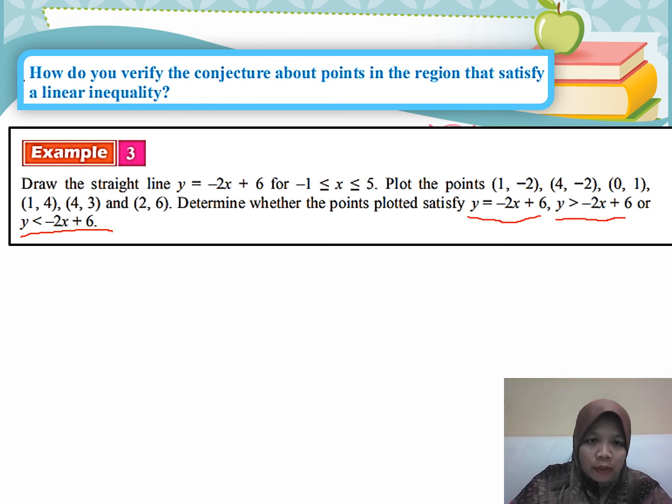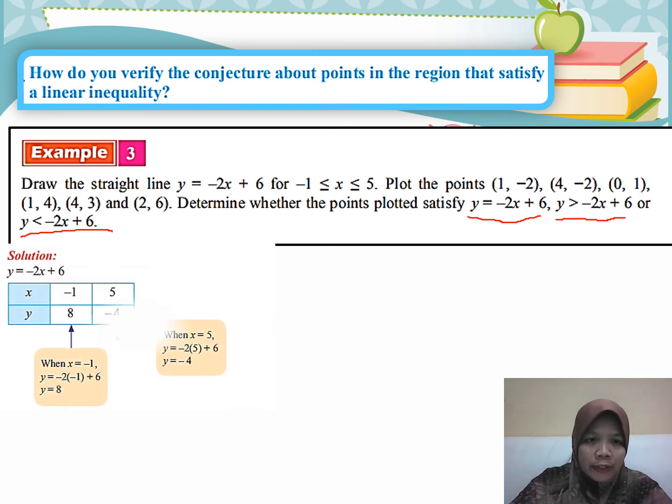So how do we solve this example? From the given equation y equal to negative 2x plus 6, we will substitute the values of x from the given range. We take two values here, you can take any values, but we take the smallest one and the largest one.